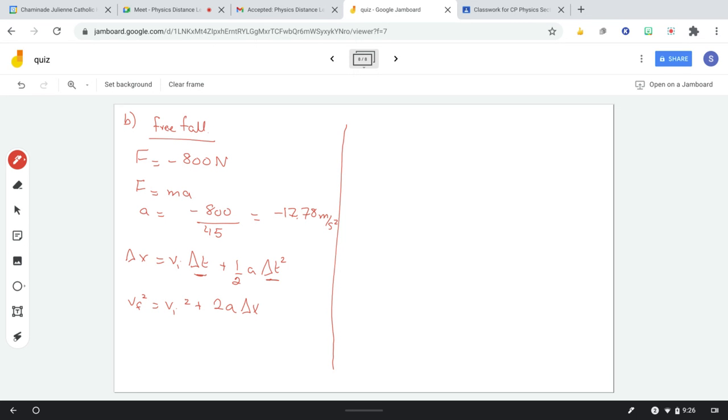In this case, our final velocity is 0, so 0 squared is equal to 9.9 squared plus 2 times negative 17.78 times delta x. If you rearrange it, delta x is equal to 9.9 squared divided by 2 times 17.78, and you should get an answer of 2.76 meters.